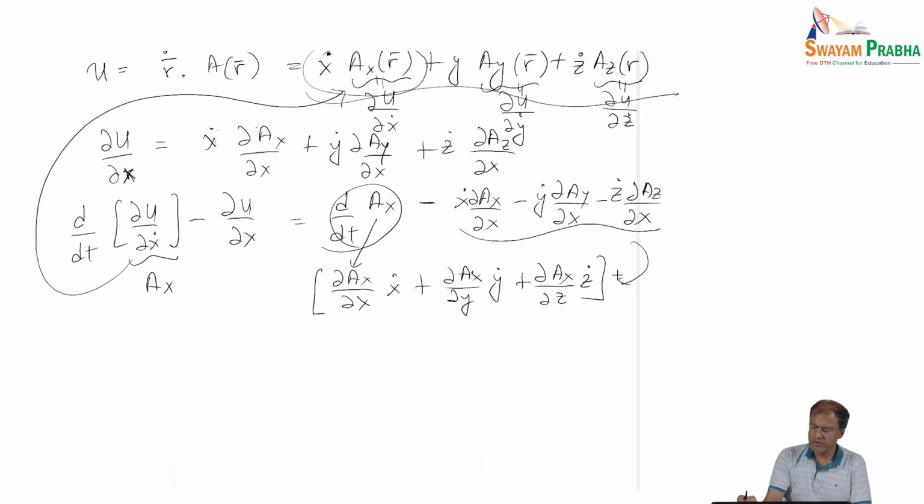after clubbing this together and simplifying, we have 1 2 3 4 5 6 terms. We simplify everything, and we will have some cancellations. For example, this cancels with this, but the other cancellation will not happen.